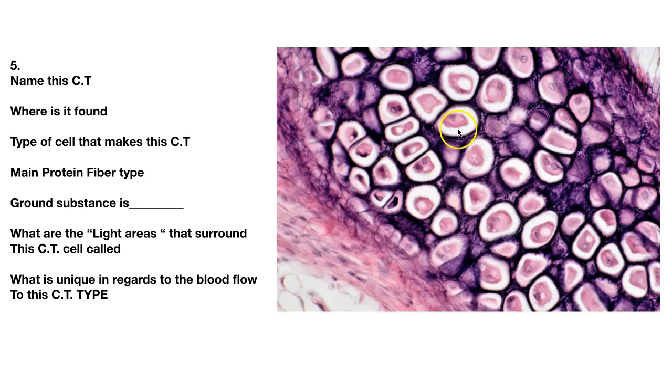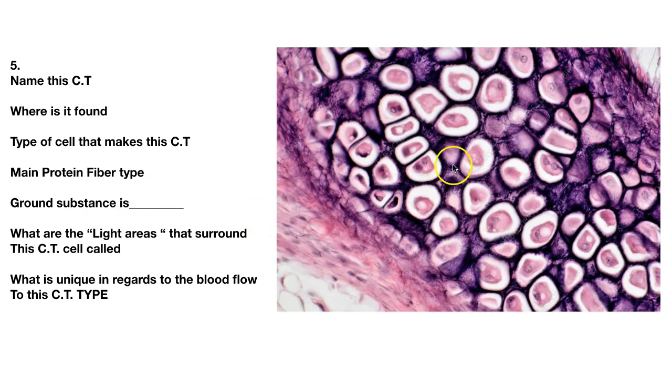Always remember, when you're writing down elastic cartilage, if I ask you what is the name of this connective tissue and you put down elastic, you will get it wrong. The name of the connective tissue is elastic cartilage. You have to include the word cartilage.